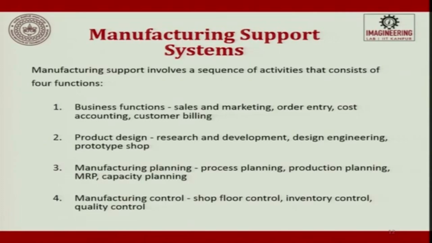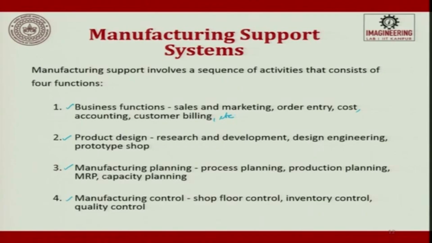So, when we talk about the manufacturing support systems, the manufacturing support involves a sequence of activities that consist of 4 functions: business function, product design, manufacturing planning and manufacturing control. Business function, as I already told you, is sales, marketing, order entry, costing, accounting and customer billing, etc. All these things are business functions.